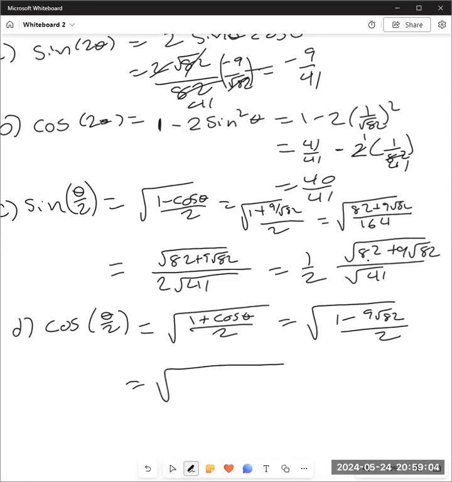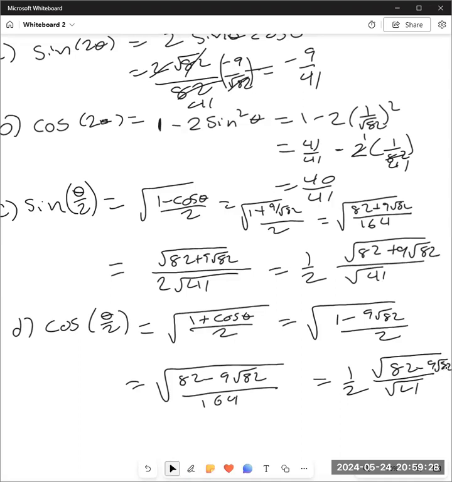Root 82 minus 9 root 82 over 164. And again, pull out that 4 there. It's going to be 1/2. Then this is root 41. This is root 82 minus 9 root 82. And they're happy for you to leave it just like that.